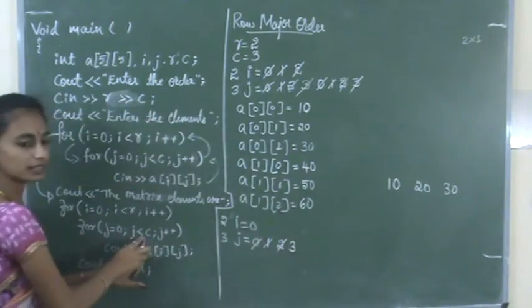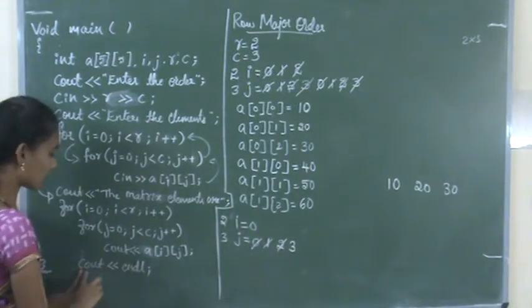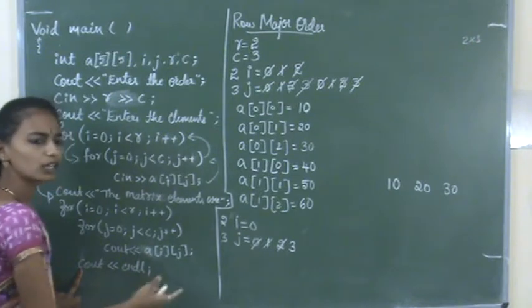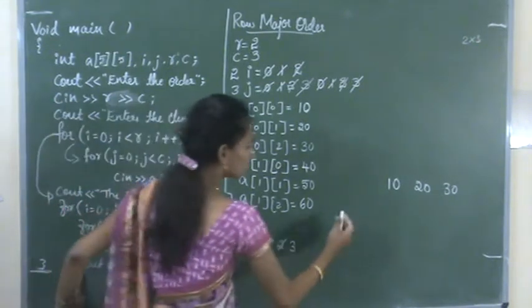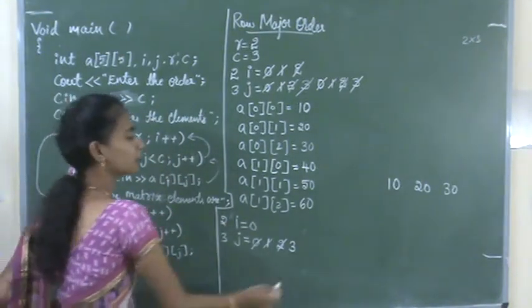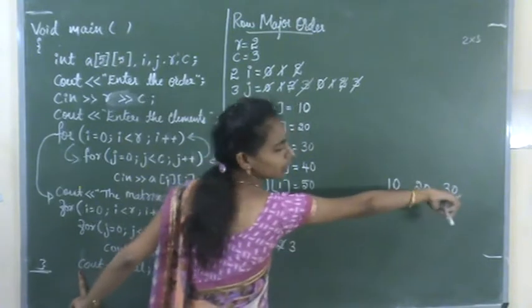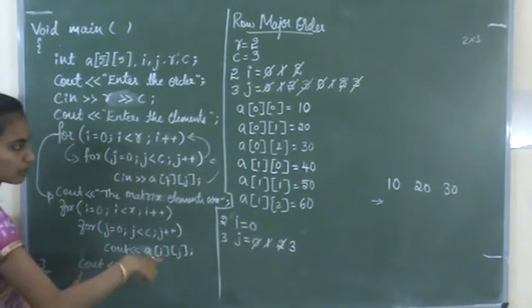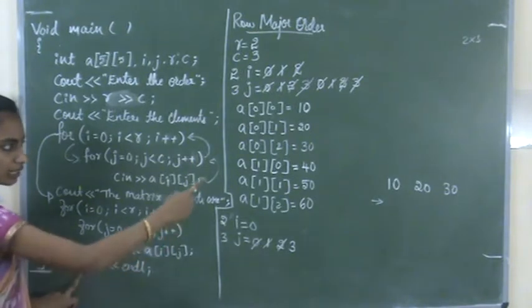So 3 less than 3, false. It comes out of the for loop and prints endl. So why do we use endl? To go to the next line. Whatever values are printed after this loop come to the next line, not continued. Okay, so it gives endl and the cursor comes to the next line, right?